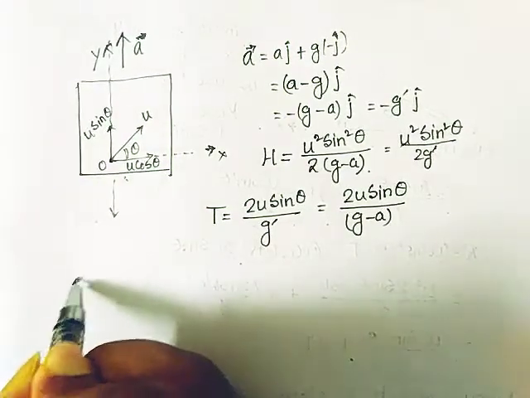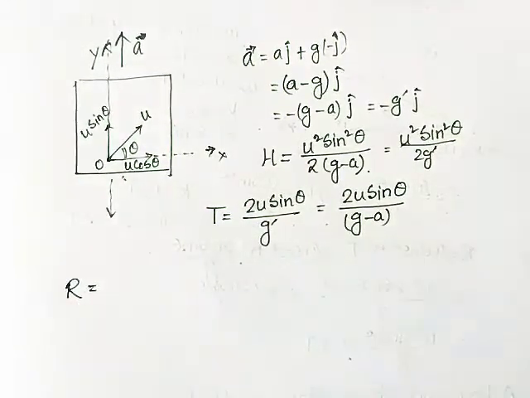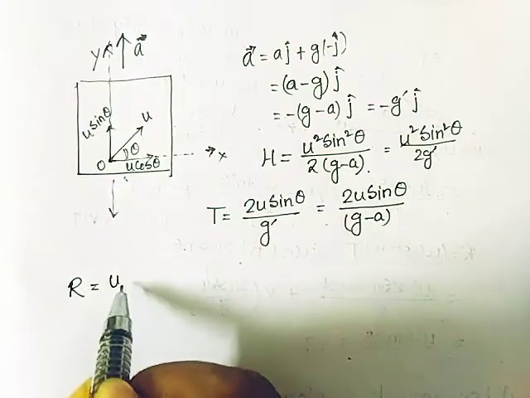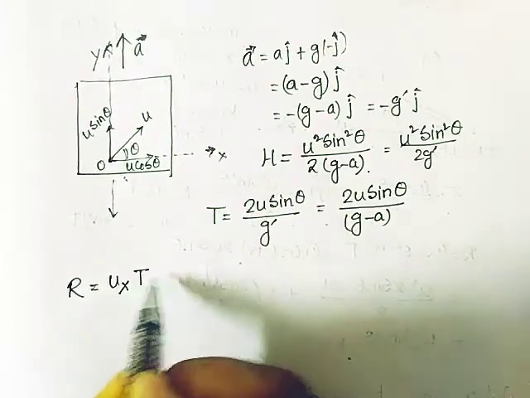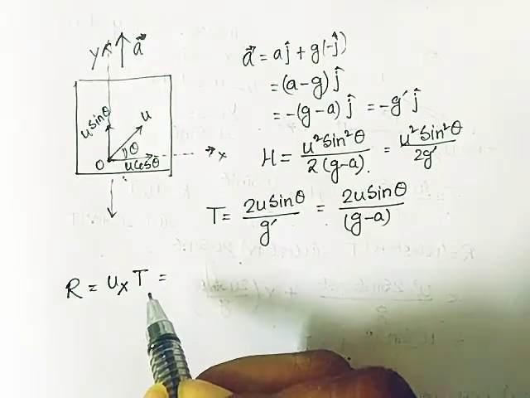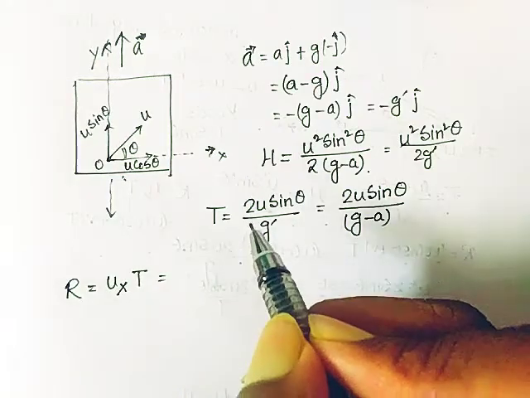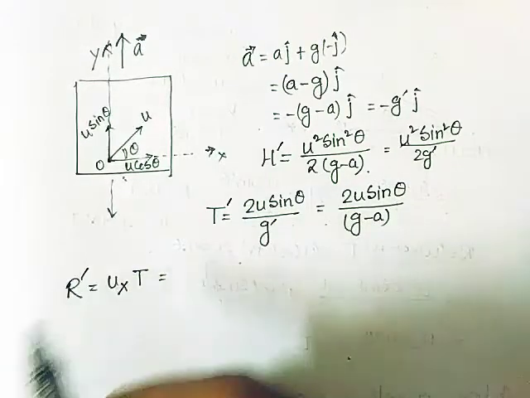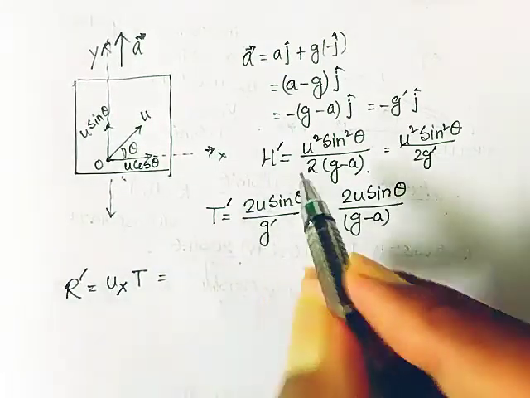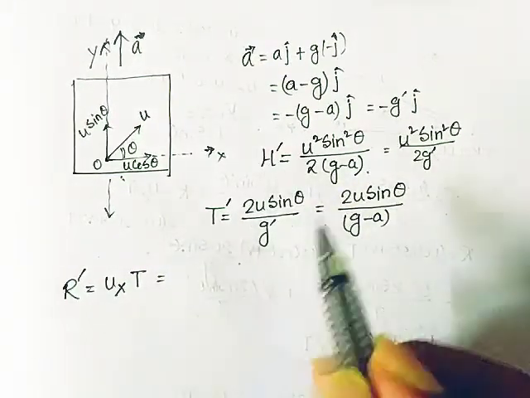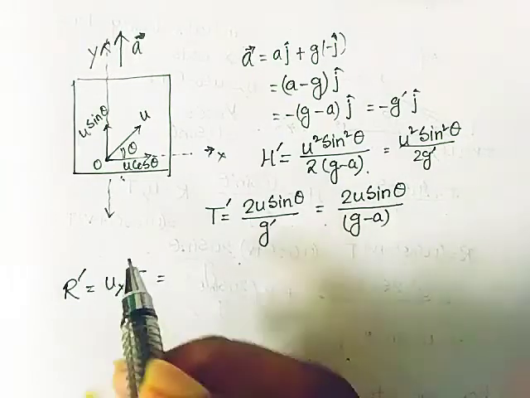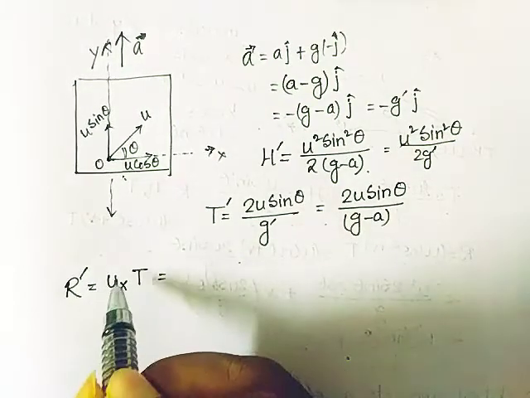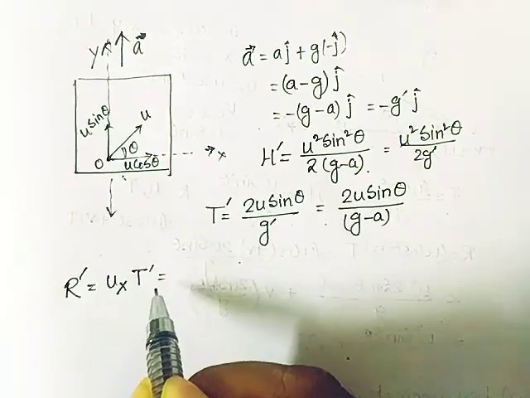And if I want to write down the range, the value of range is basically ux into capital T, that is the x component of the velocity into capital T. It is better to write this with a prime, because it is not equal to the earlier value, as it has changed now. So if I say the range is r prime, then it is ux into t prime.